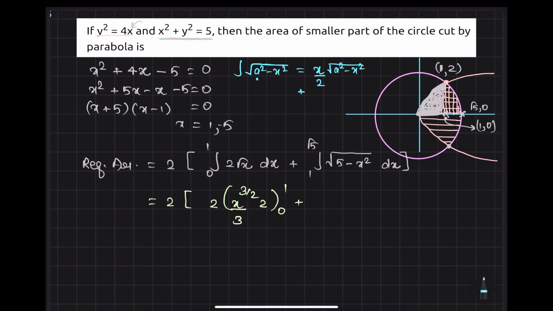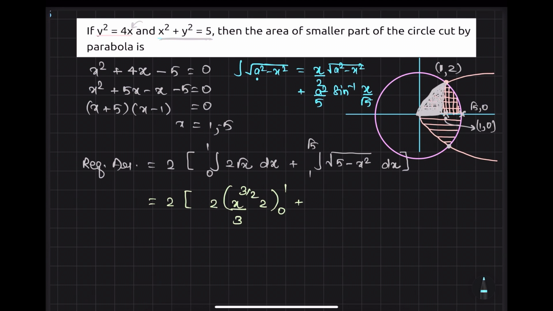Okay, a square by 2, and then if you are comfortable, use your comfortable formula, otherwise you have to use log. So here we are comfortable, so it is sine inverse of x by a. Okay, so x by a. Okay, here done. So this is our integration part.